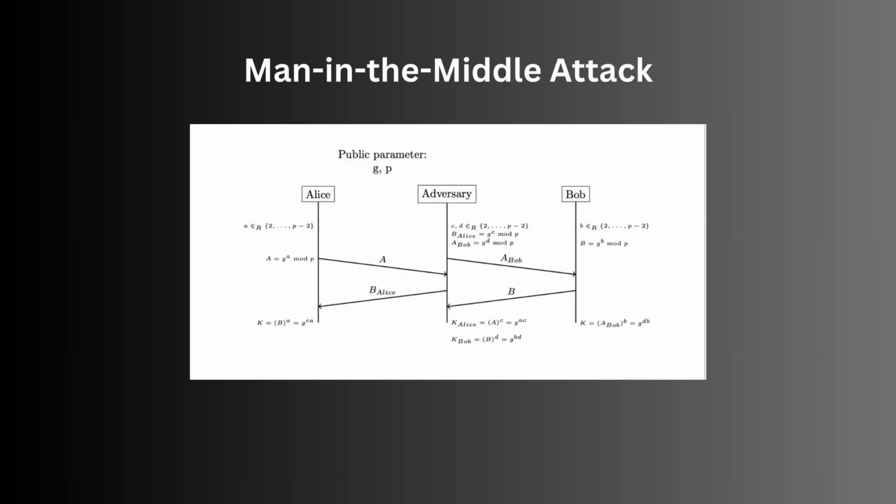Eve has both of those keys because she was sending them to Alice and Bob, impersonating each other. Here, Eve is the middleman who takes messages, decrypts them, tampers with them, sees what they want to do with them, encrypts them back, and sends them again.